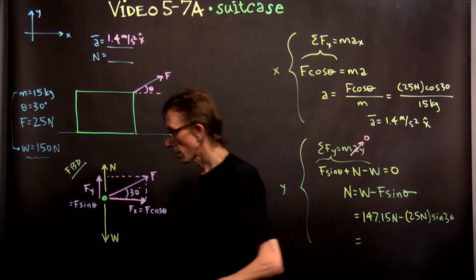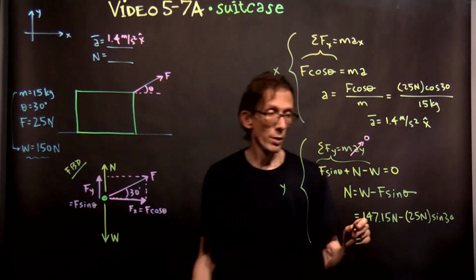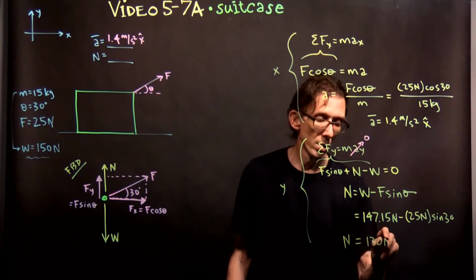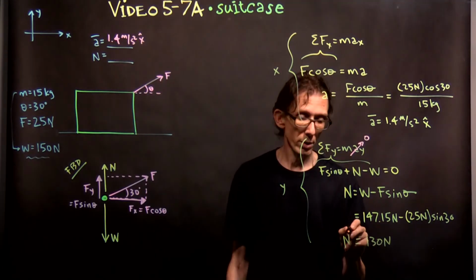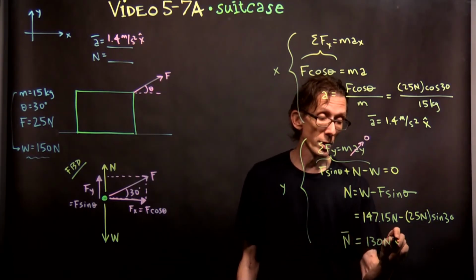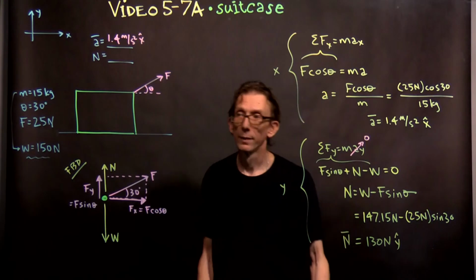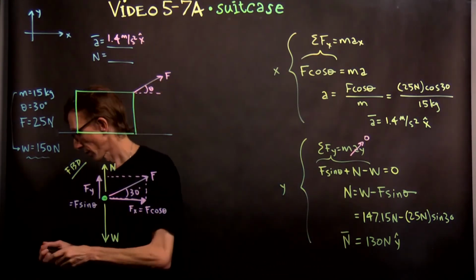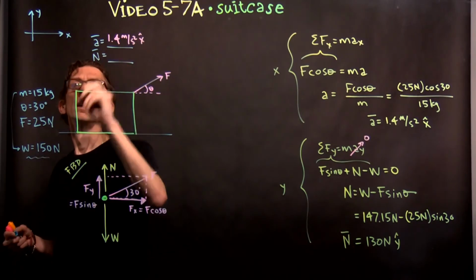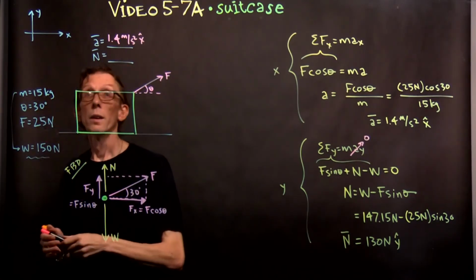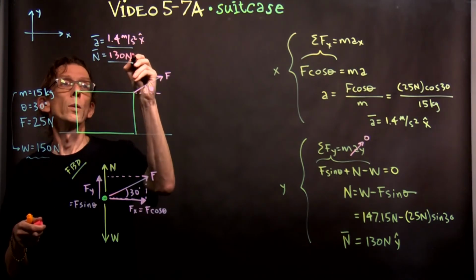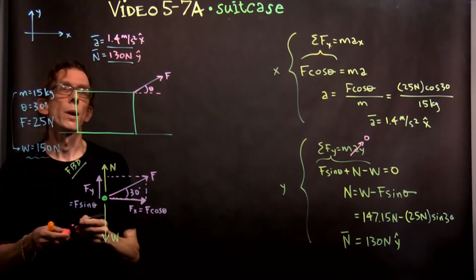When you do all this, you get the normal force is 130 newtons. In fact, the normal force, the vector, is 130 newtons in the positive y direction.